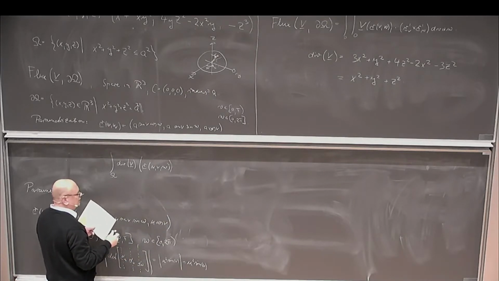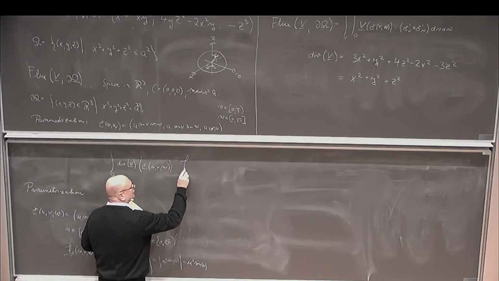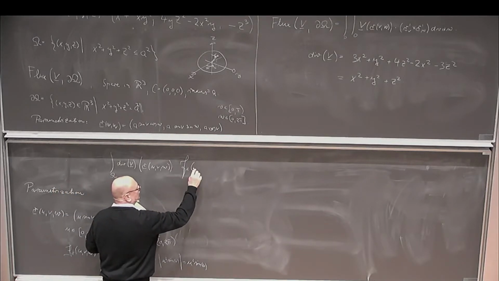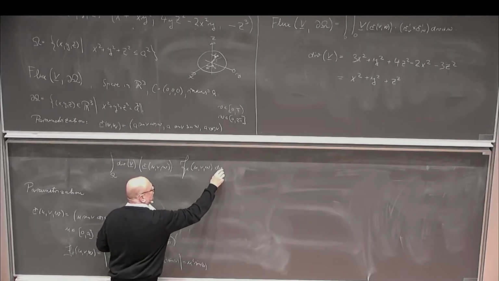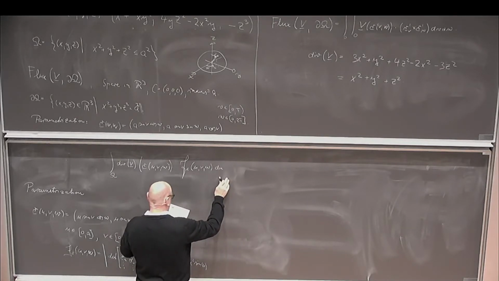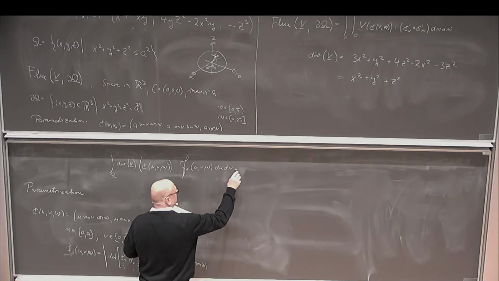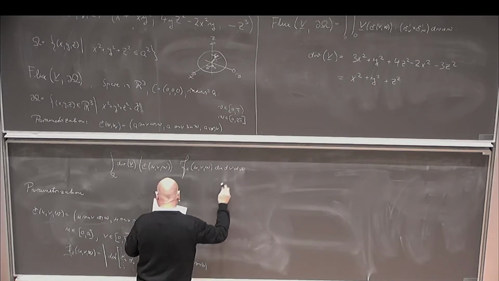And then you should multiply by your Jacobian, and then you integrate with respect to du dv dw.